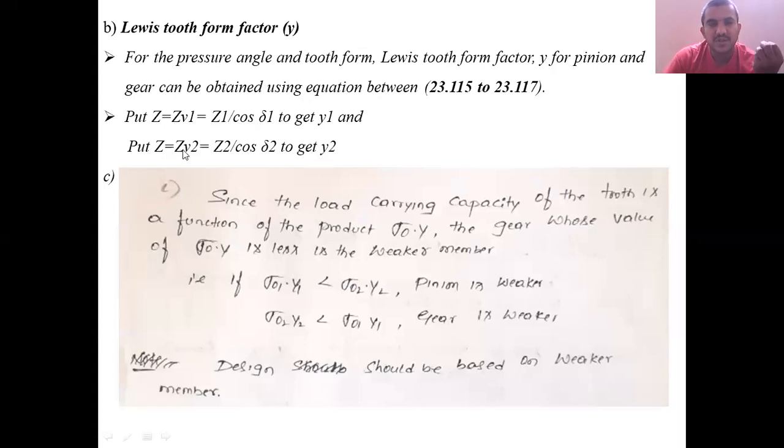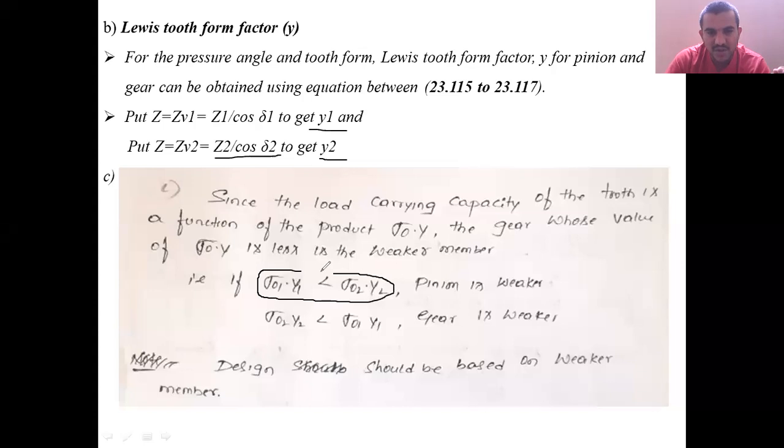Then substituting, Z equal to ZV1, that is Z1 by cos delta 1, we get Y1, and Z equal to ZV2, that is Z2 by cos delta 2, we get Y2. Then take the product; whichever product is the smaller value will be the weaker member. Design should be based on that weaker member.